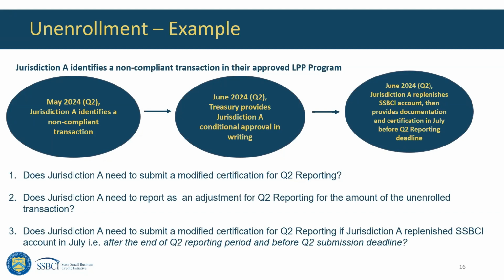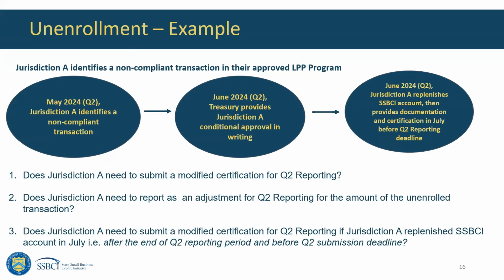In June, which is still in the second quarter, the jurisdiction receives a conditional approval from Treasury via email. The conditional approval contains instructions for the jurisdiction to go about replenishing the relevant SSBCI program account and documentation for replenishment.